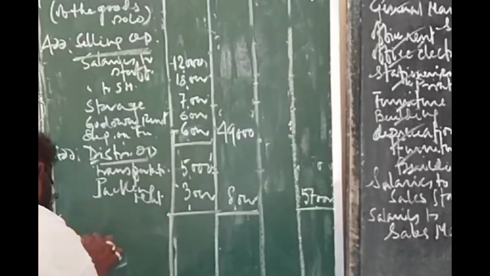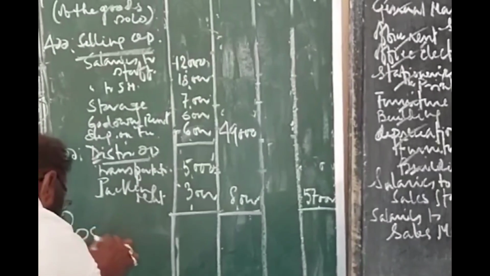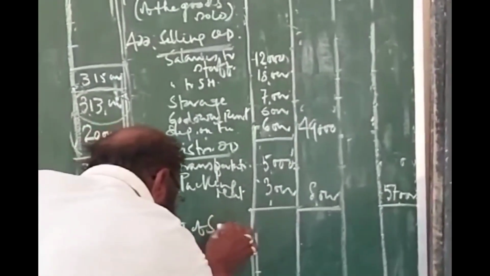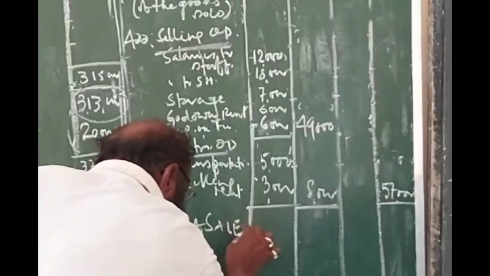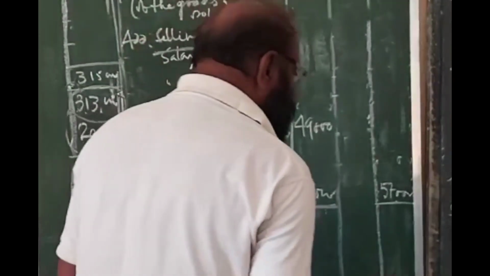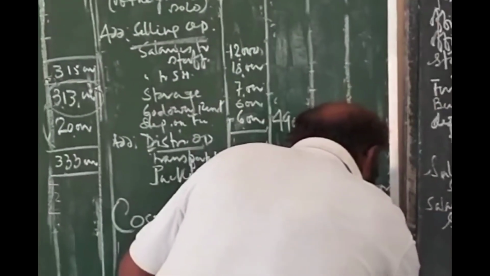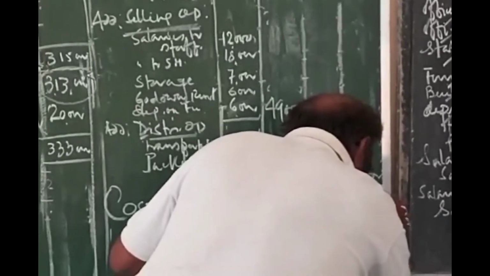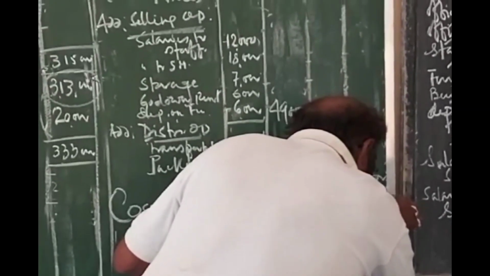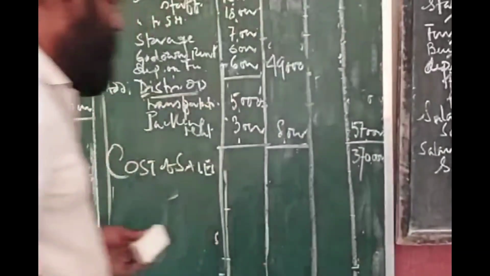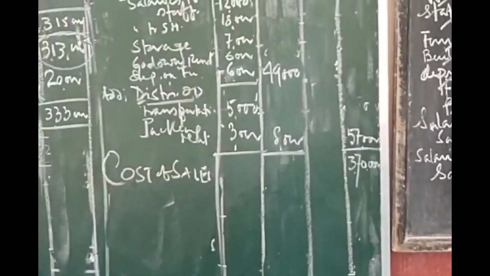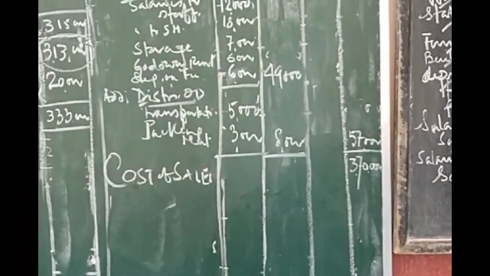Thereby we get the cost of sales. Cost of sales is how much? 3,70,000 is our cost of sales.